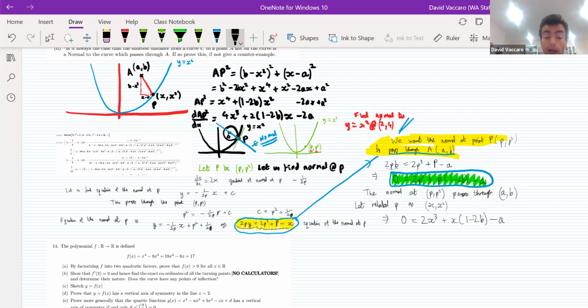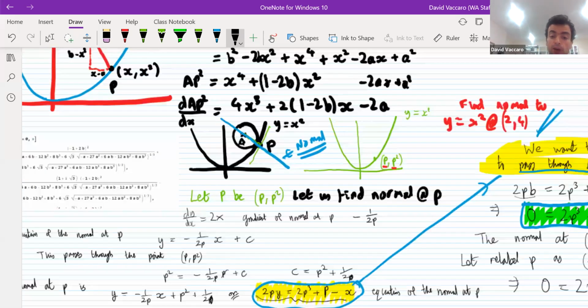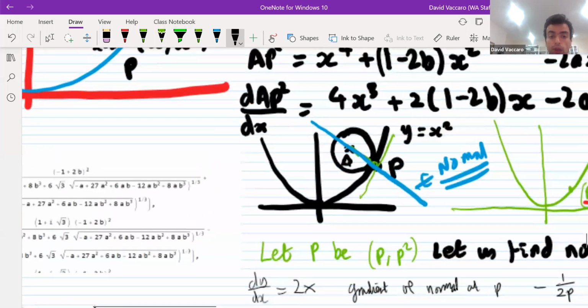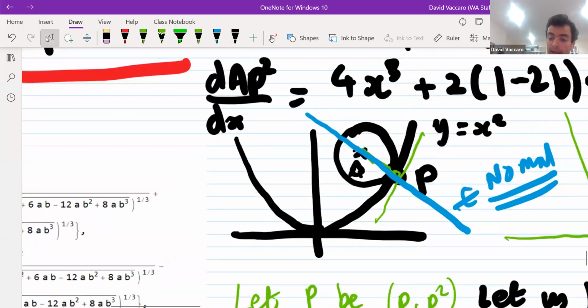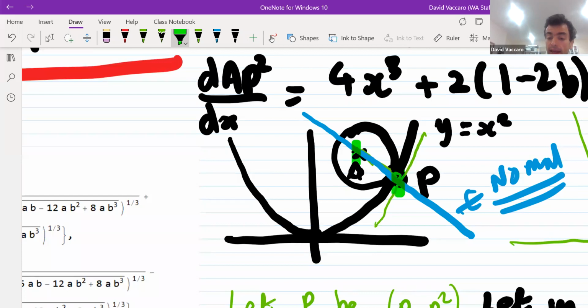Now remind ourselves, why are we finding the point P on the curve y equals x squared such that the normal goes through A? What condition did we think that that point has where the normal goes through A? Well, we think that the normal at P goes through A if the distance AP minimizes the distance to the curve.